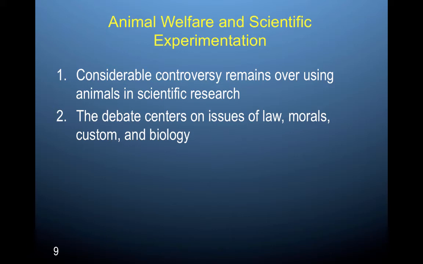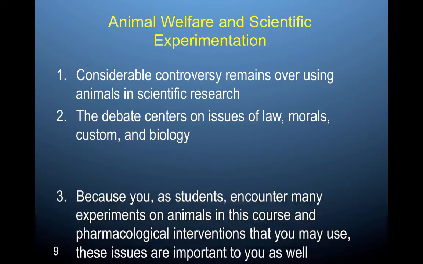And then finally biology, and this really means how similar the animal's biology is to our own, in which we could actually make valid conclusions that relate to humans based upon the animal's biology and physiology.